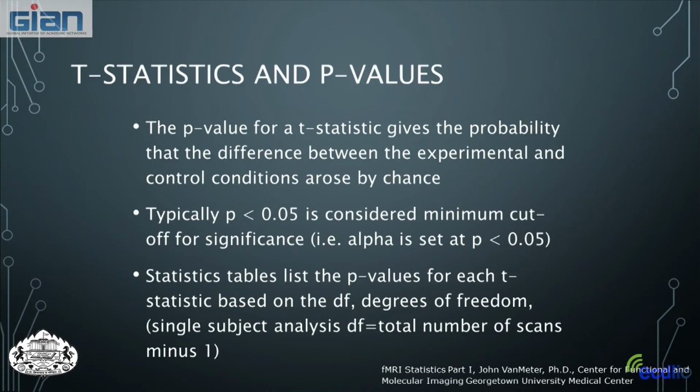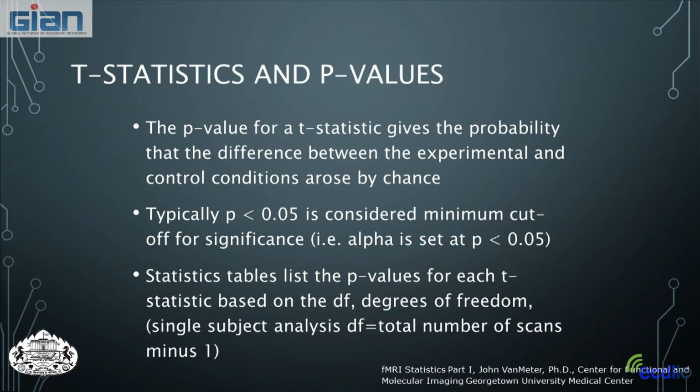So in science, these p-values are sort of the gold standard, okay? So you want to select a p-value. You might select a p-value, p is less than 0.05. Okay, so the smaller the p-value, the more significant your experiment is.